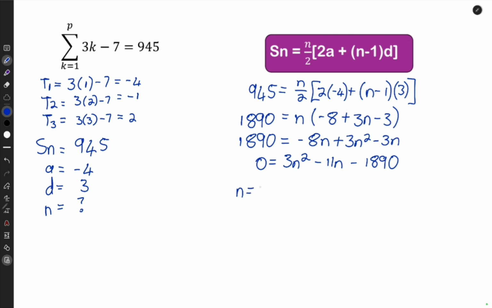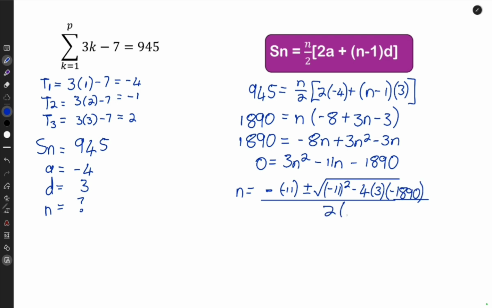So n is equal to my b value, so minus b plus minus, just make a big fraction, b squared minus 4ac all over 2a.